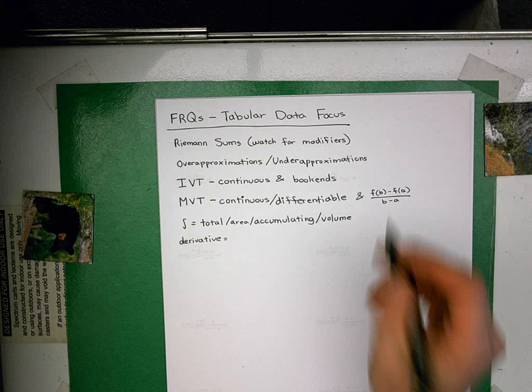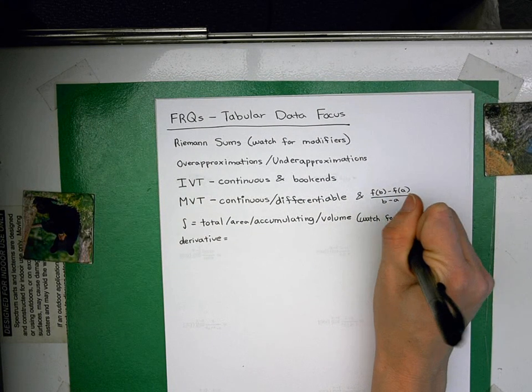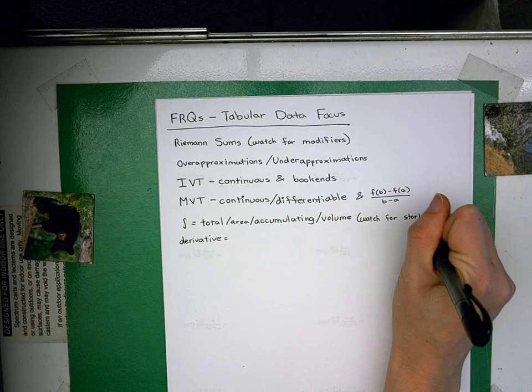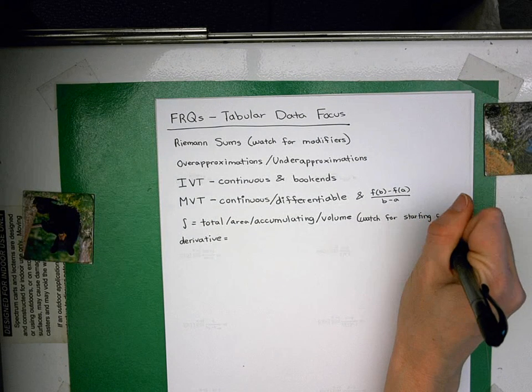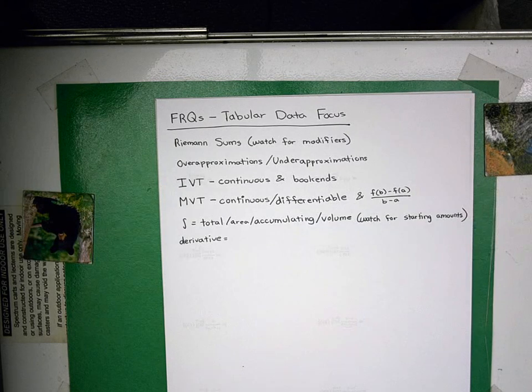And again, you'd want to watch for starting amounts. Because if I started at 7 and then I accumulated 15 over time, what I've got is technically 22. So you'd want to make sure you continue to add that starting amount in. That's technically the position formula back from Unit 7. Okay, and then derivative.